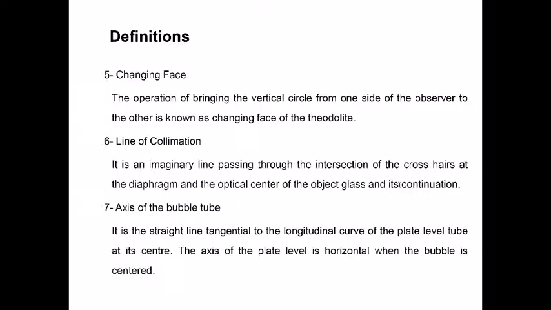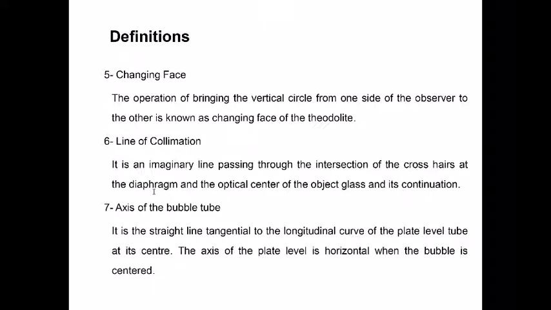So the changing of face, like we discussed, is bringing the vertical circle from one side of the observer to the other. Then we have the line of collimation. Like we discussed in the case of the level, it is an imaginary line that passes through the intersection of crosshairs at the diaphragm.